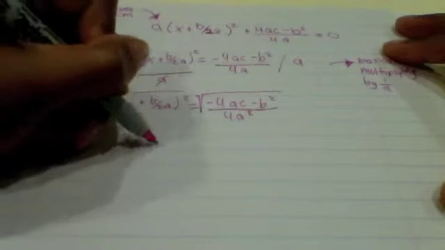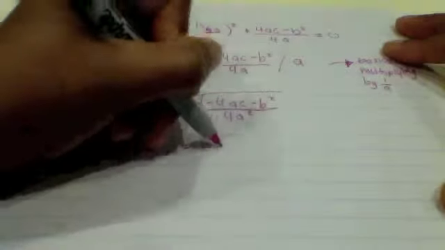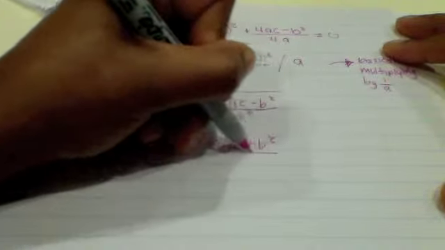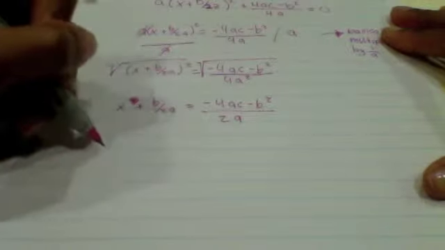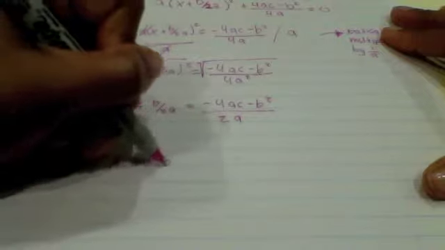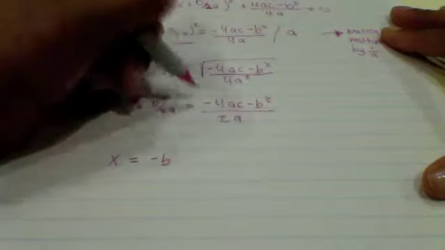And we're going to find the square root of both sides of the equal sign. This gives us x plus b over 2a equals plus or minus the square root of b squared minus 4ac over 2a.